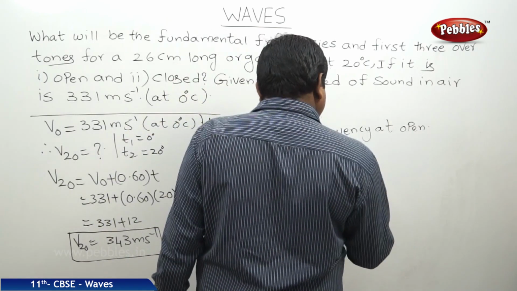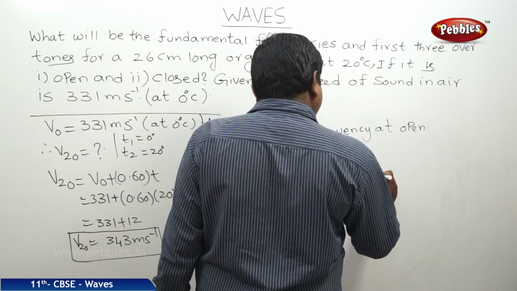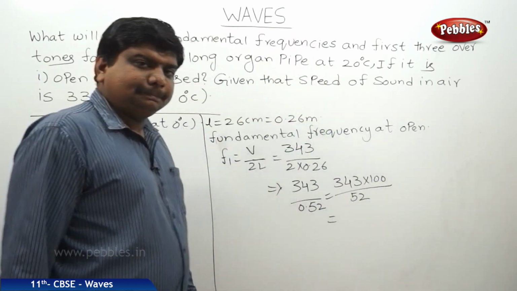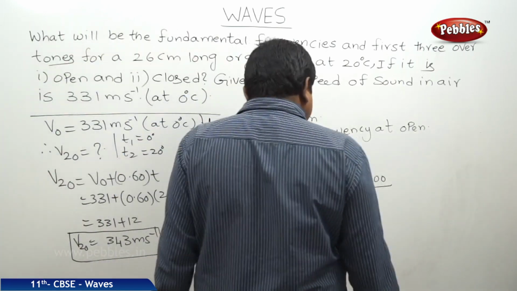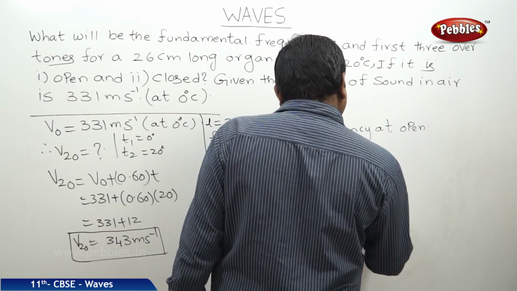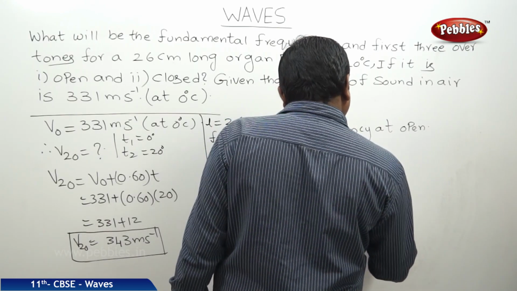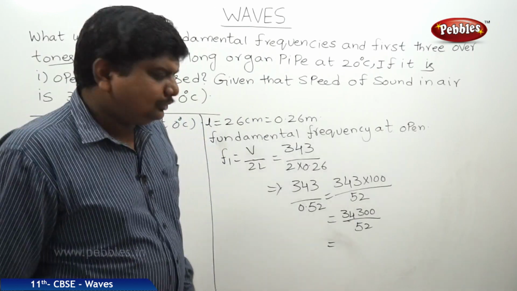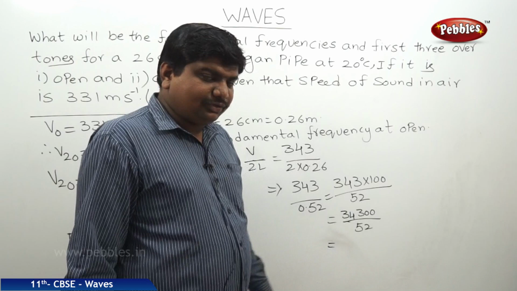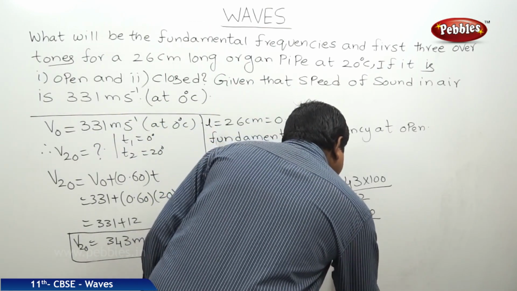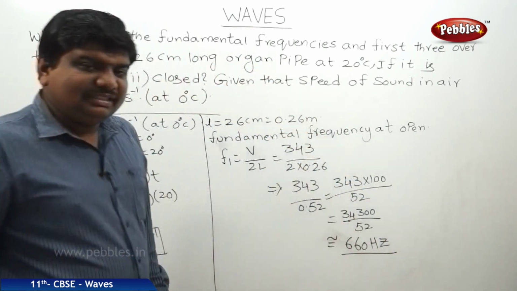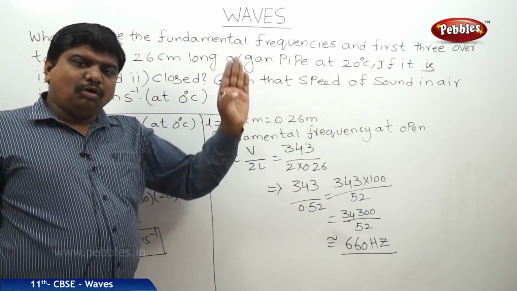So, it is approximately 343 into 100 by 52, that is 34,300 by 52. We will get approximately 660 Hertz. This is the fundamental frequency at the open end.